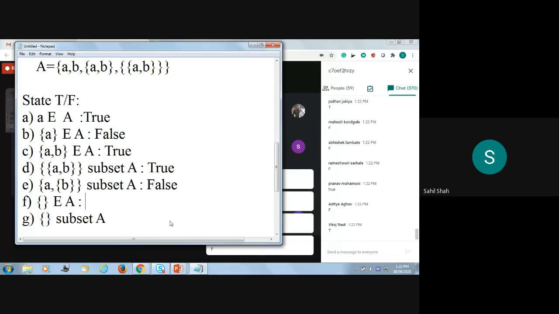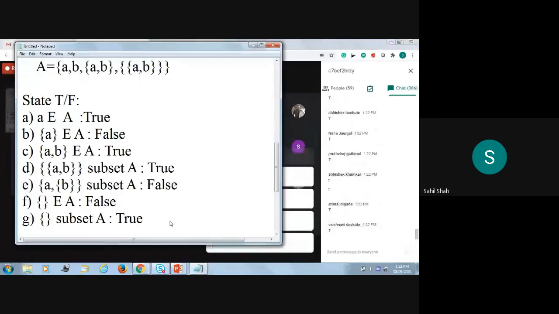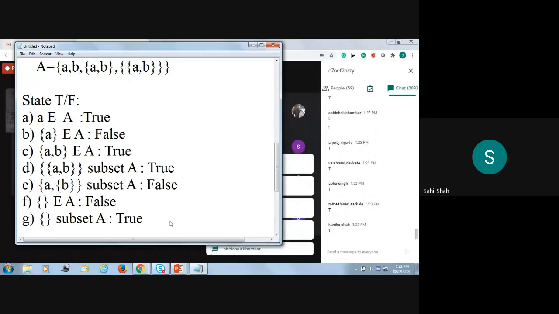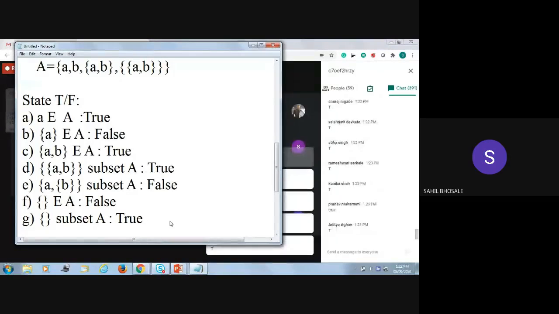Is F false or true? I do not observe any empty element present in set A. So this one is false. How about this null set? Whether the null set is a subset of A? How about G? G is true. Why true? Because every set has a subset as null set or empty set.